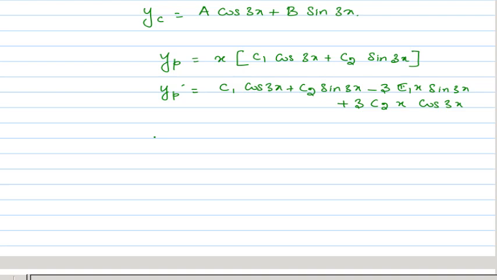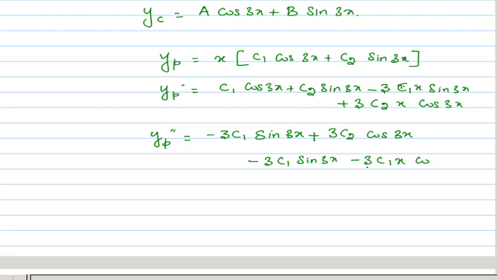If I again take the derivative, yp double prime: minus 3 times c1 sin 3x, then minus 3 times c1 sin 3x, then minus 9 times c1 x cos 3x.